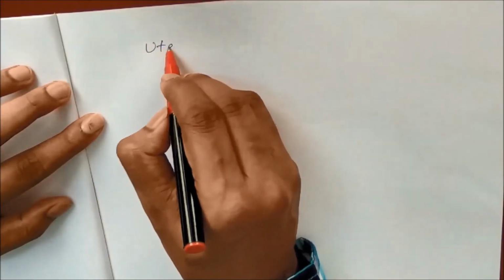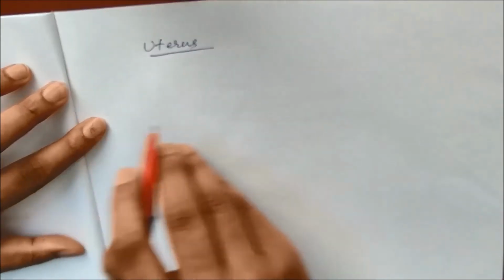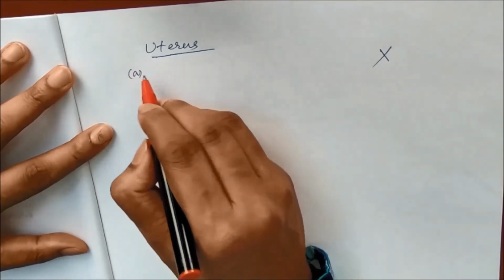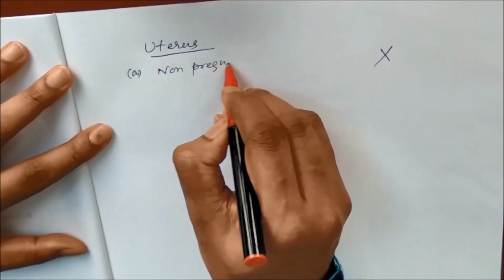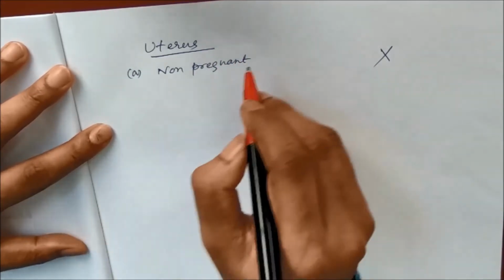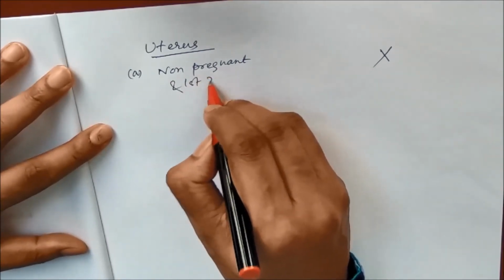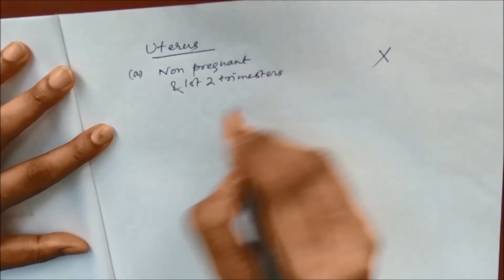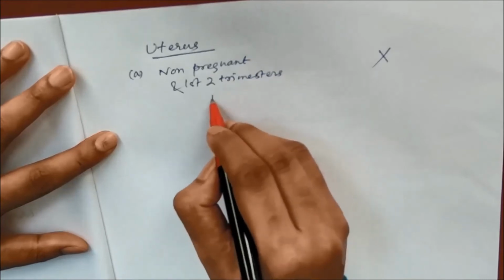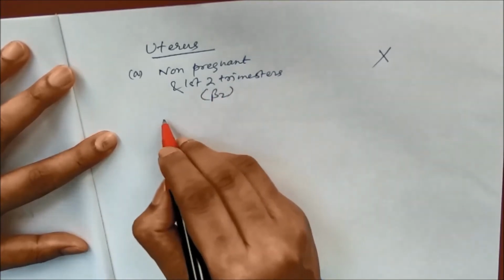Now let us come to uterus. Uterus only sympathetic, there is no parasympathetic, but the distribution of receptors differs in non-pregnant and pregnant. Non-pregnant and even the first 2 trimesters of pregnancy, there are 3 trimesters in pregnancy, the first 2 trimesters there is beta 2.